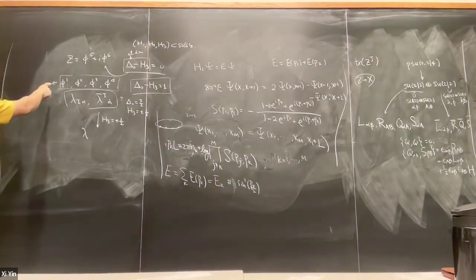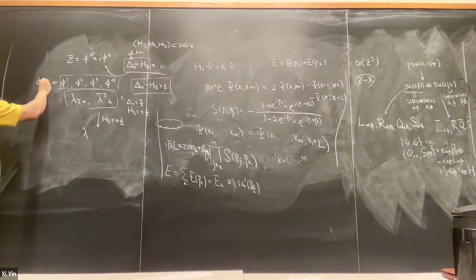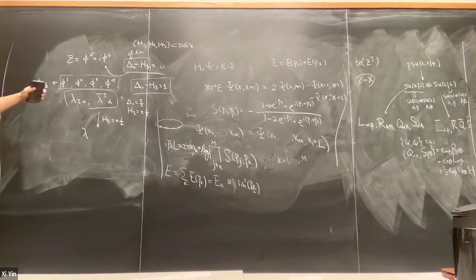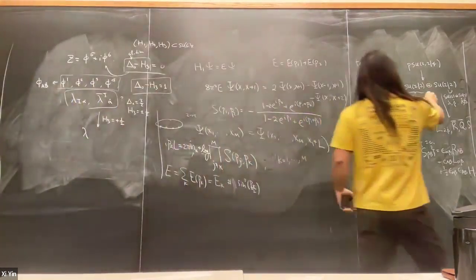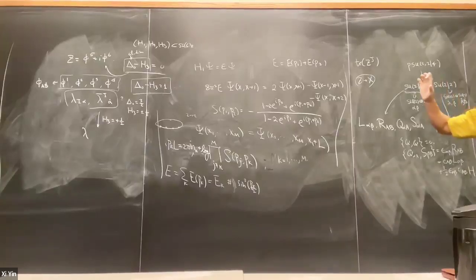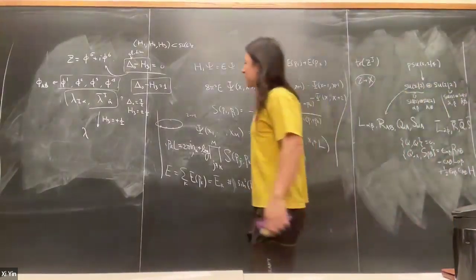These phi's, I'm going to label them as phi AB dot. You can easily verify that this is because of SO4, SU2 plus SU2. And so it has an SU2 index and another SU2 index from this SU2 and that SU2. Okay, that hopefully is clear.